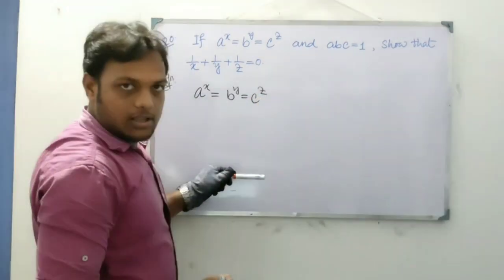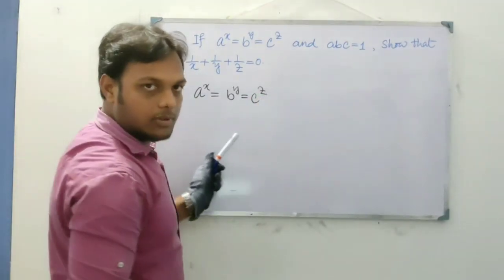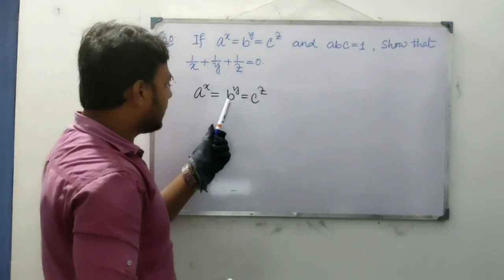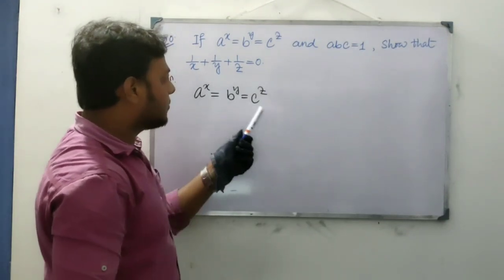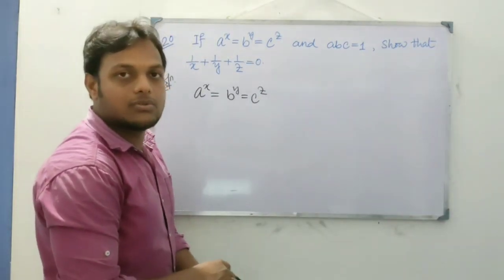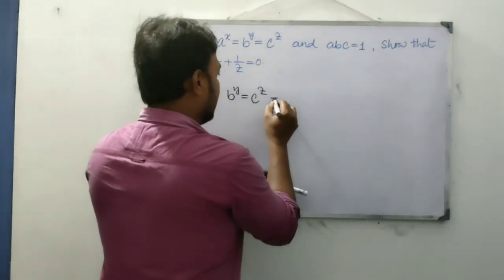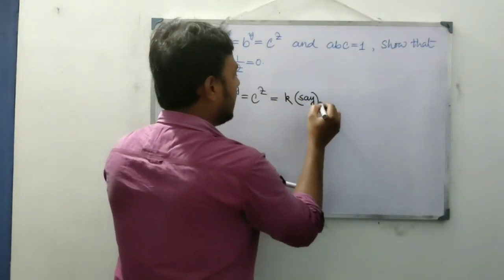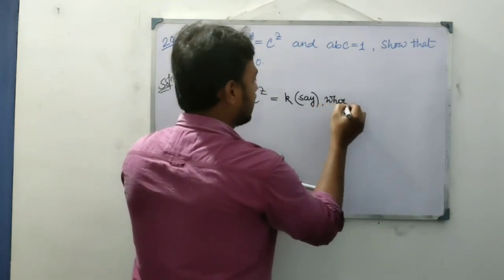If anywhere, for any problem, you get such two equalities, that means three terms are there, this equals this equals this, then you will first try by considering it equal to k, where k is not equal to 0, obviously.